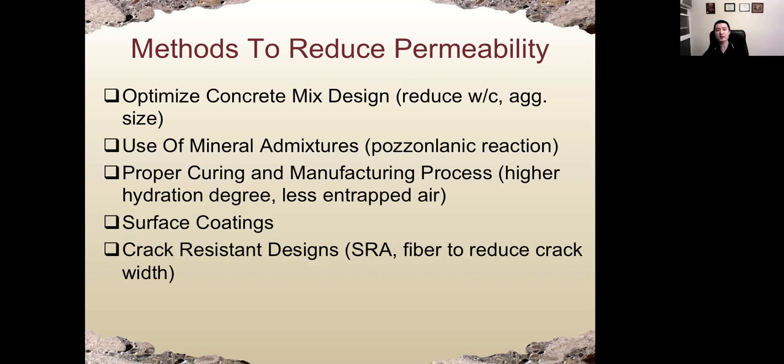Actually, mineral admixture is very effective in reducing concrete permeability because the pozzolanic reaction will increase the solid volume and reduce the permeability. So you do not have to use a lower water cement ratio. You could use other things.